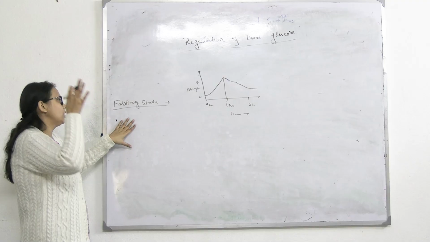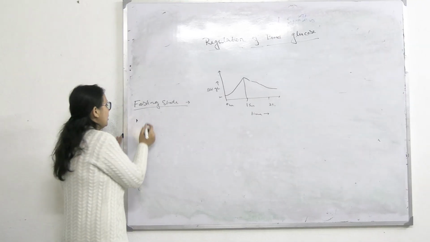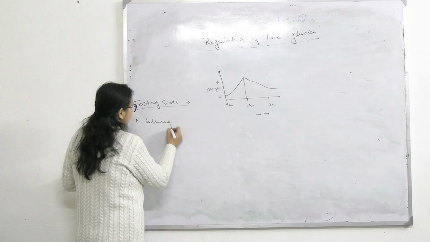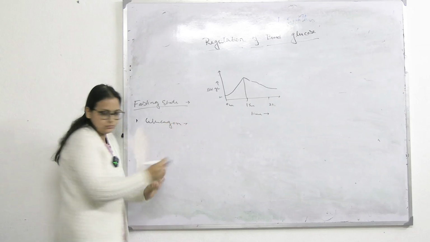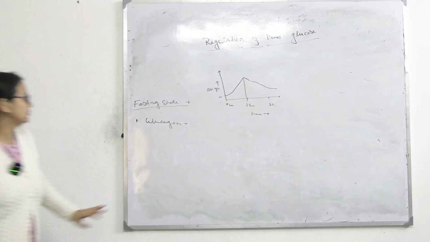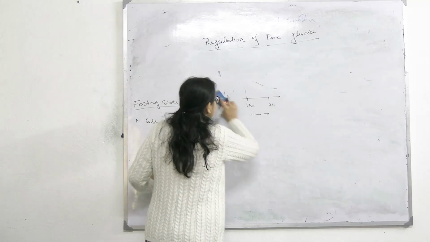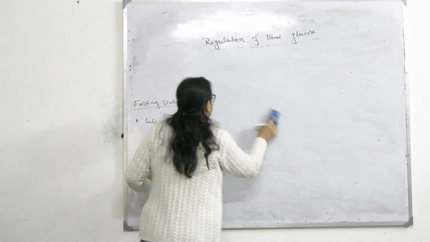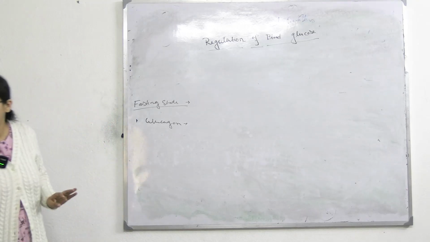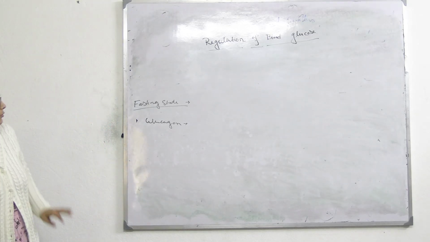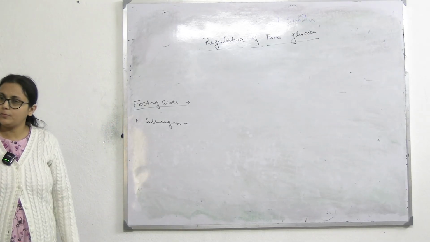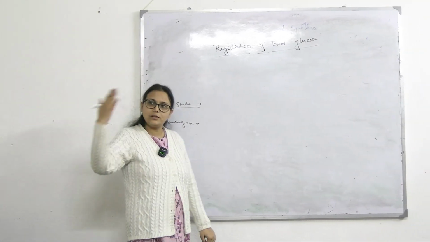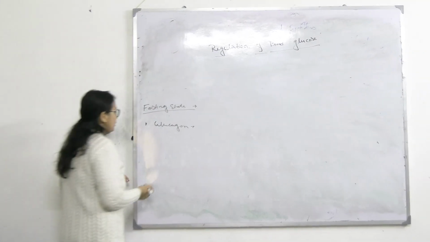As soon as blood glucose level starts falling, there is secretion of glucagon. Glucagon is a hyperglycemic hormone, so it will act so that blood glucose level starts rising.